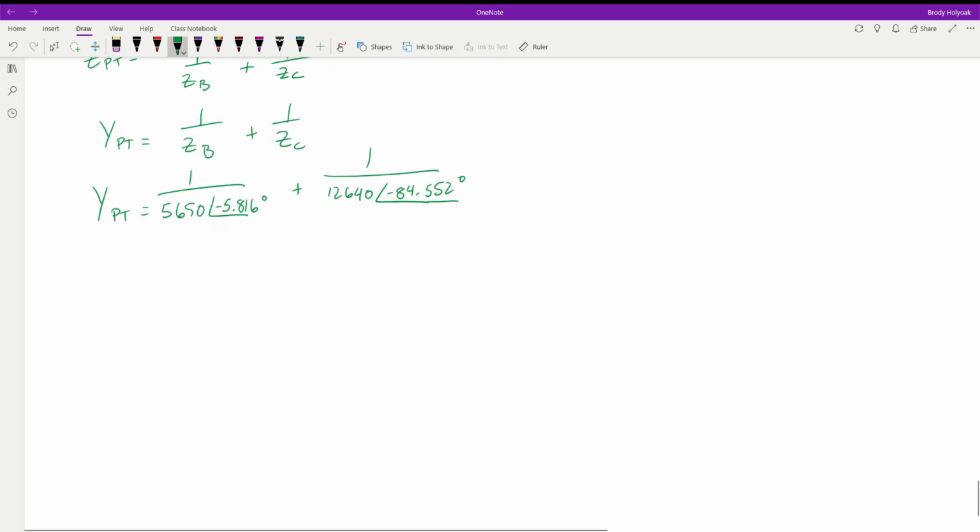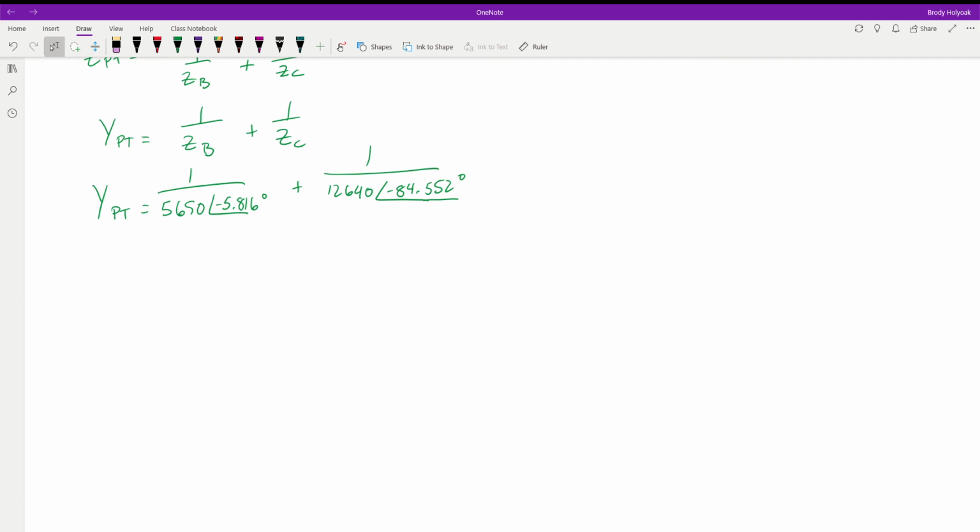Now when we run those through, we get 175.747 micro at a positive 5.816 added to 79.114 micro at 84.552 degrees.